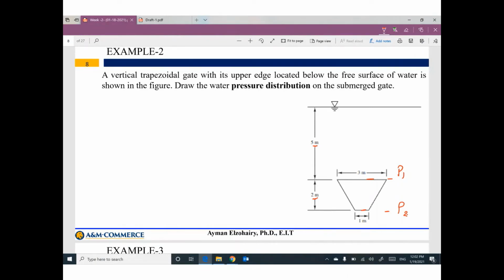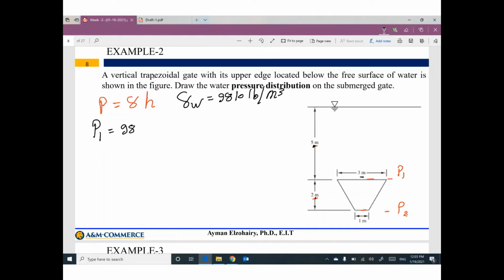It's very simple. Your pressure equals gamma H. Gamma water in this case, because you are talking about meters, would be 9,810 Newton per cubic meter. So what is the pressure P1?